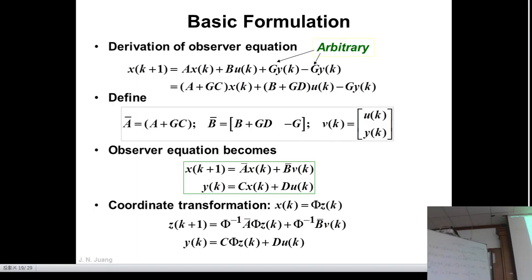Now, of course, if we do the coordinate transformation like this, it doesn't change V, U, and Y. You can change Z, you can change state. Any coordinate transformation, you can change from X to Z, but you will never change your V, your U, your Y. So those are still there.